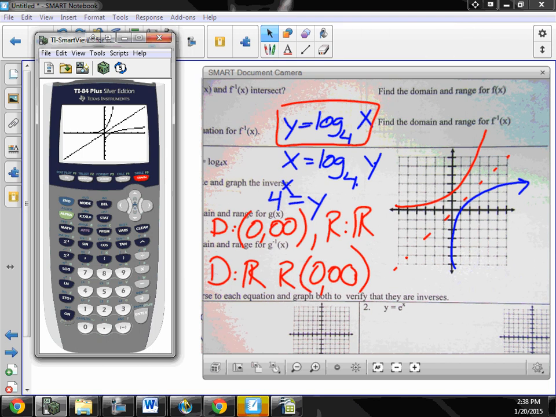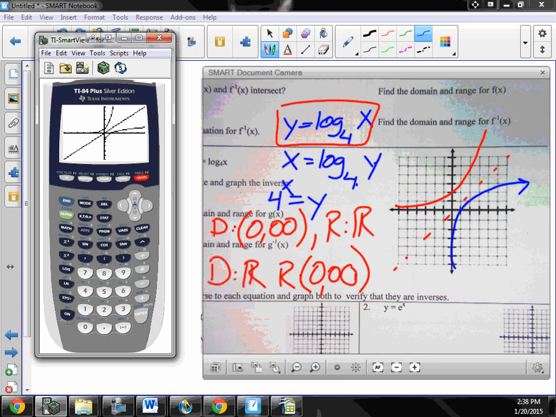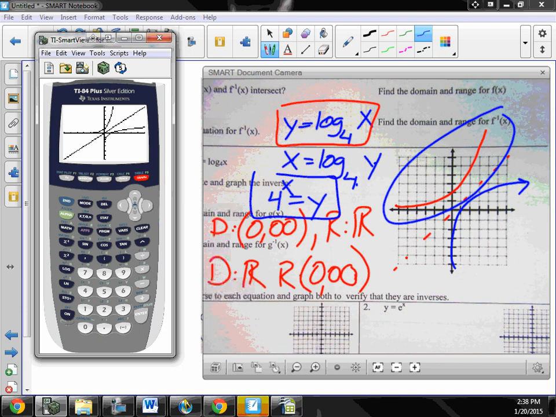And it's worth pointing out, here's an exponential equation. y equals 4 to the x. Can you pick an x value that yields a negative y value? There is no way for 4 to the x to equal a negative number. This graph is always above the x-axis.